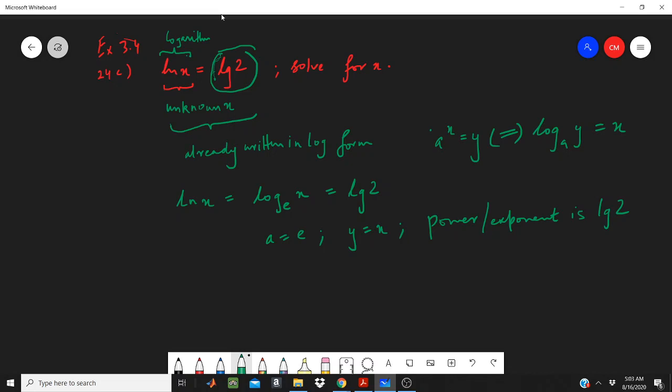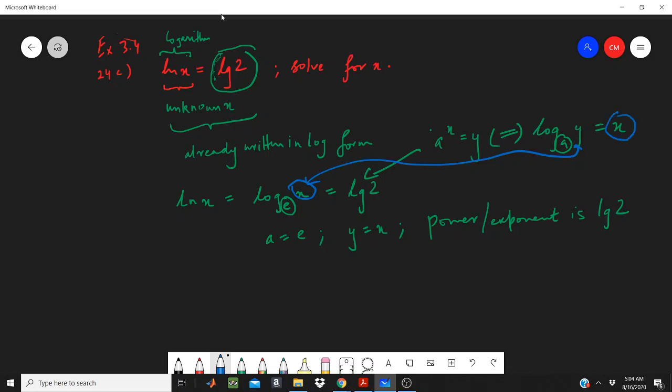So the base here is e, and your y is now replaced by x, and you want to have a power as well.